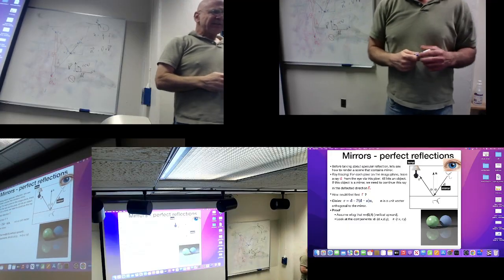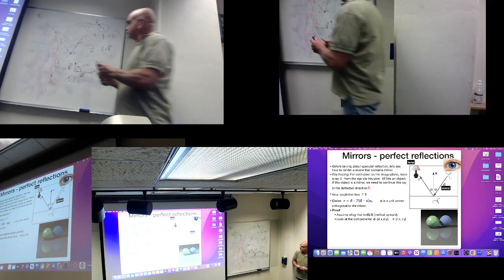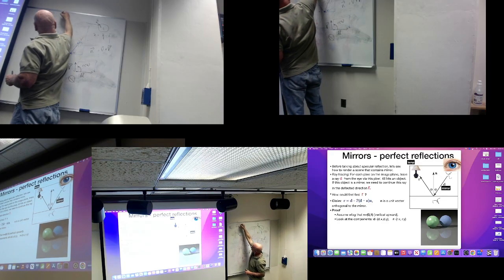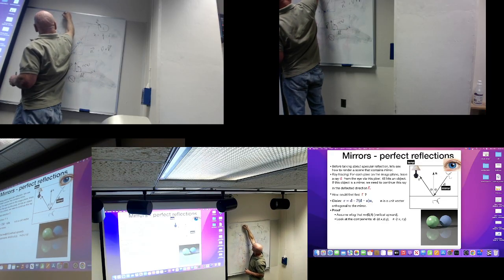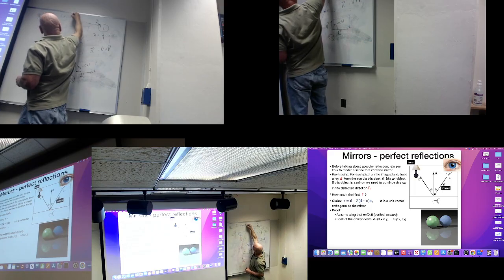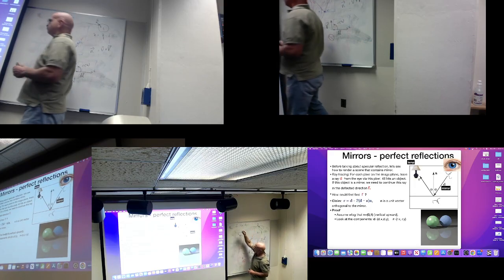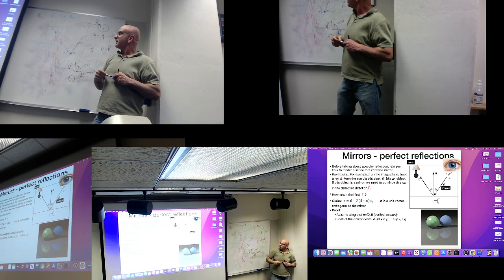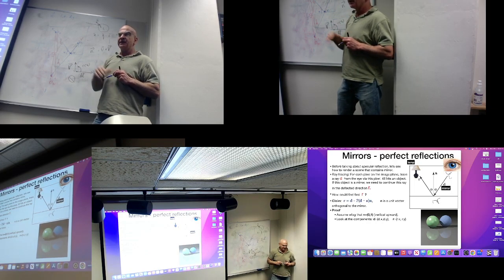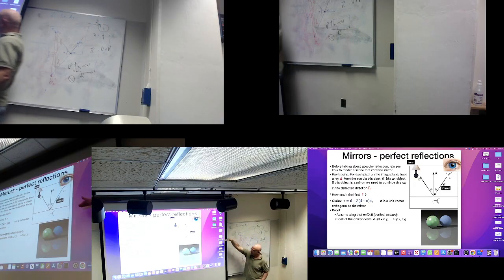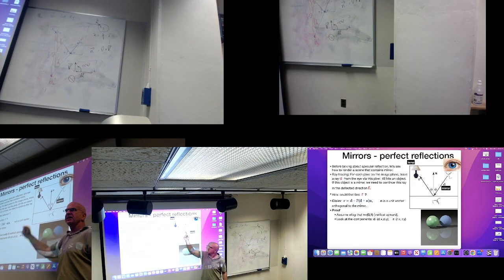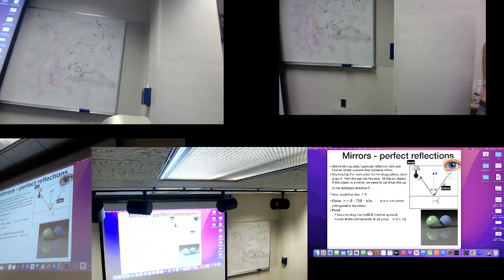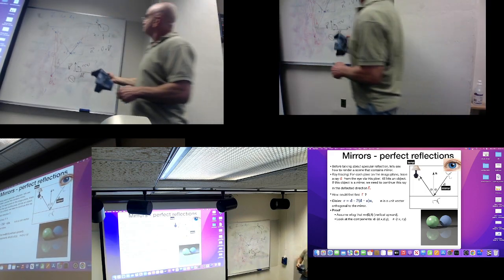So given that the components of D are dx and dy, and again, I assume that my surface is horizontal, that the mirror has this normal. Please tell me what is R.